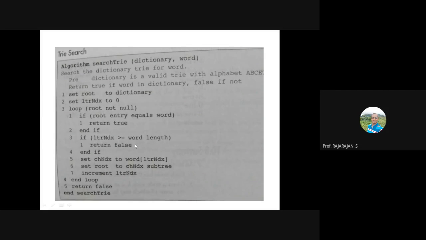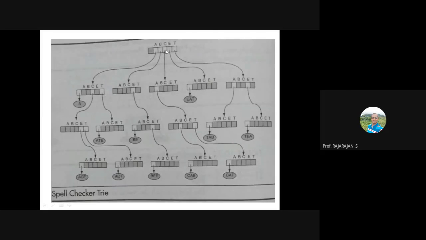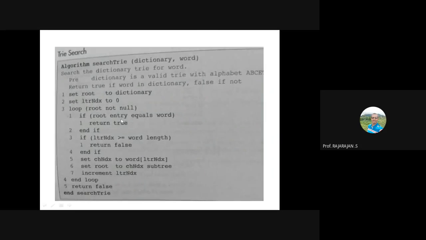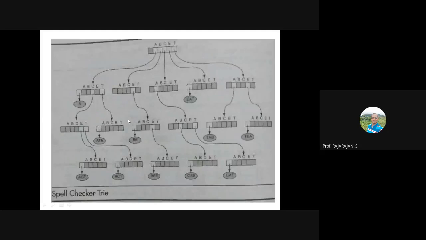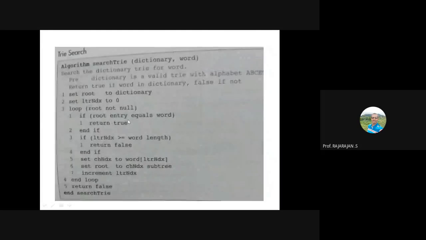But another question is, if the word is not at all found in the trie structure, how will you know it? Because if it is there, it will end at some point. This condition will end the loop when the word is actually located. But how do you know that it cannot be located? You have to use the second condition.